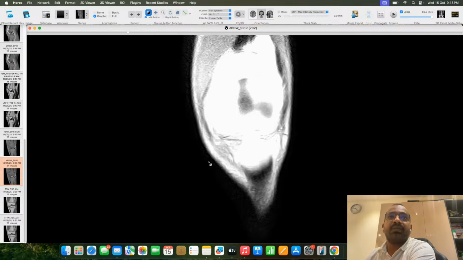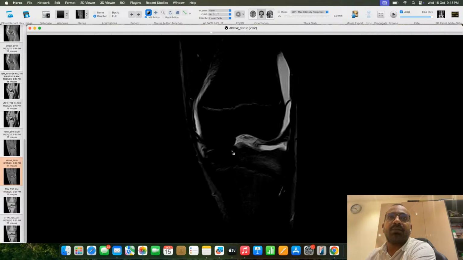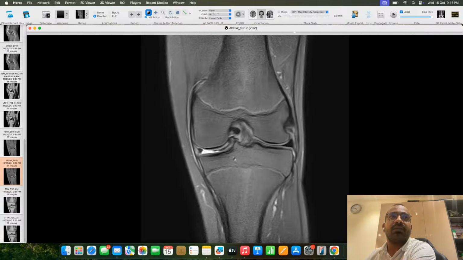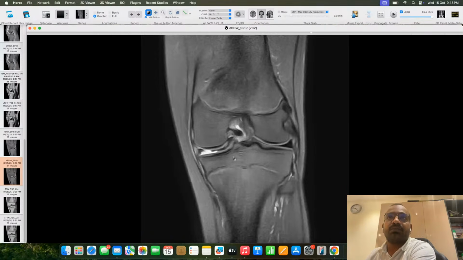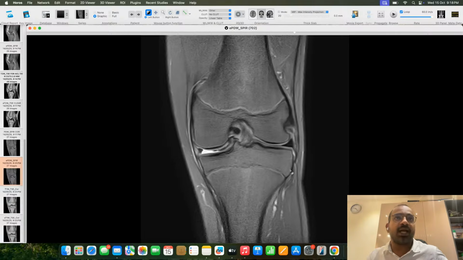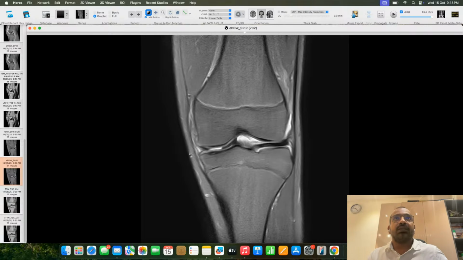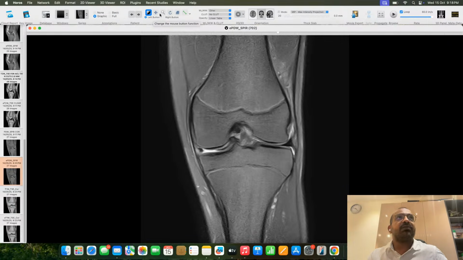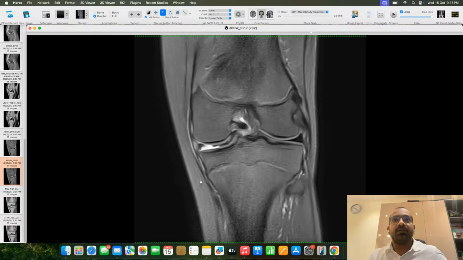And look for the medial collateral ligament and lateral collateral ligament also. Are we missing any tear? No other significant pathology except for the bucket handle tear. So this is a case of bucket handle tear of the medial meniscus.